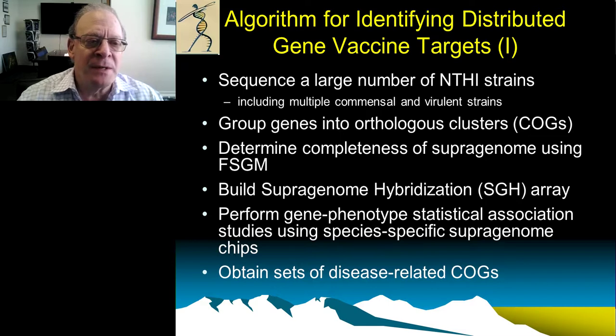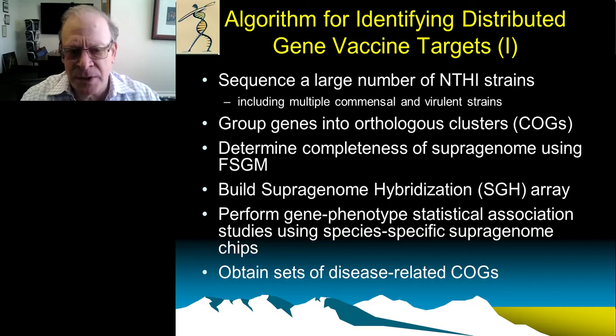And so our strategy was to sequence a large number of NTHI strains, including commensal strains, that is, those not associated with disease, and virulent strains, those associated with disease, and then group the genes from all of these sequenced strains into orthologous clusters.